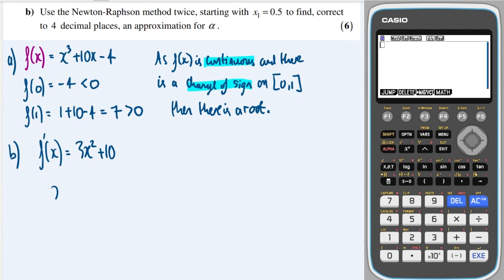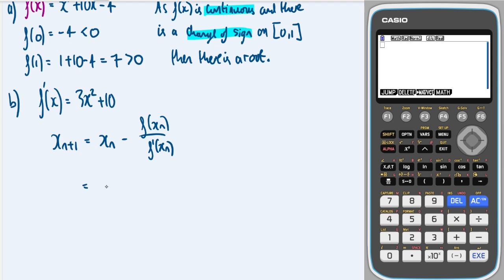And then we will say that xn plus 1 is equal to xn minus f of xn over f dash of xn. So this is xn minus, and the function was x cubed plus 10x minus 4, and the derivative was 3x squared plus 10.